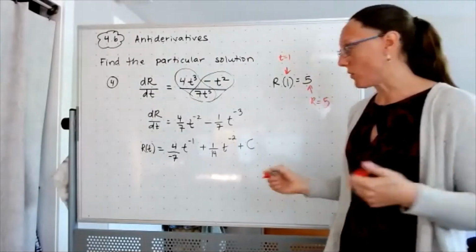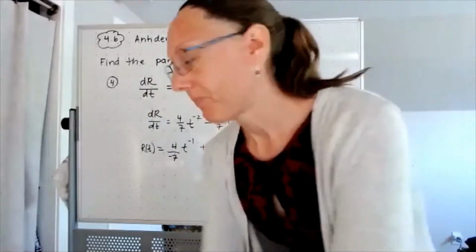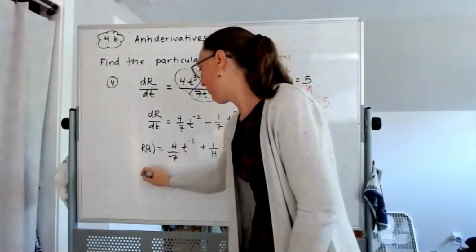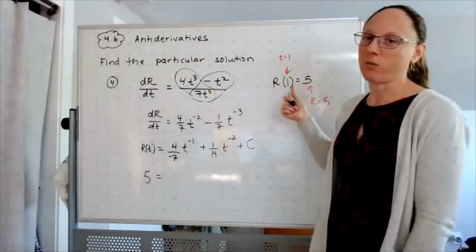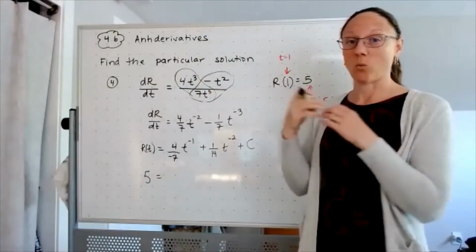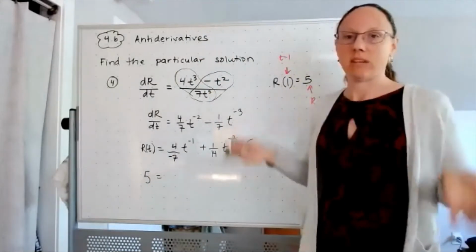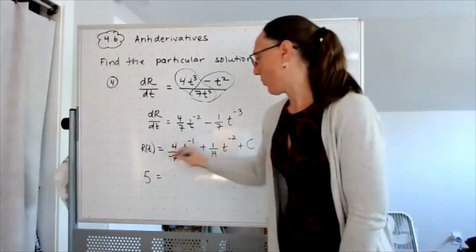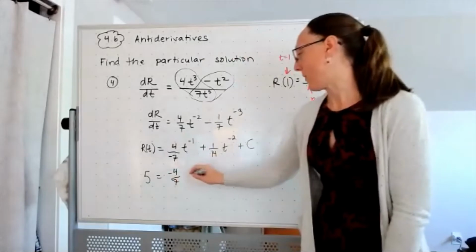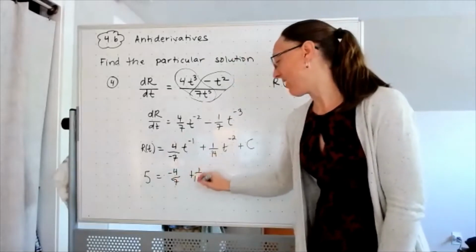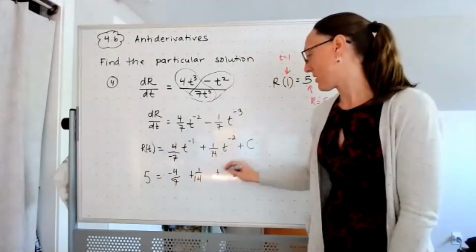If I do those two things, I'm going to have 5 is equal to, well, my choice of 1 makes life convenient because 1 raised to any exponent is still 1. So this will become negative 4/7, and this will just become plus 1/14 plus c.